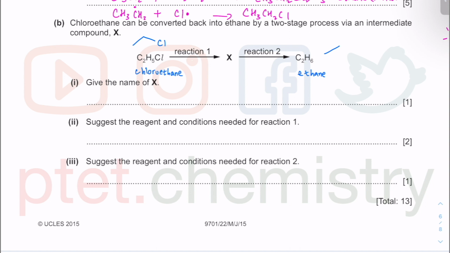Chloroethane can be converted via an intermediate compound. So I guess I could convert it via this, and then I could reduce that. So I could eliminate that. If I go from here to here, this will be elimination of your HCl by using NaOH in ethanol.